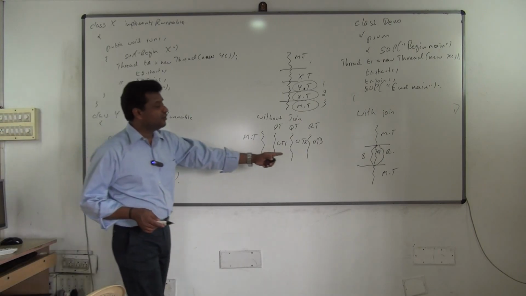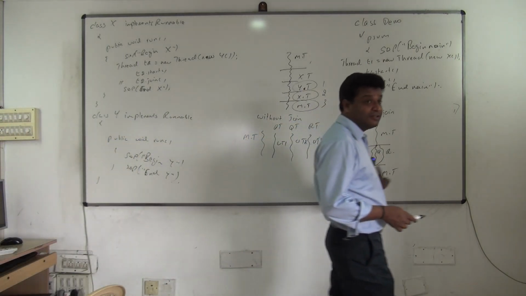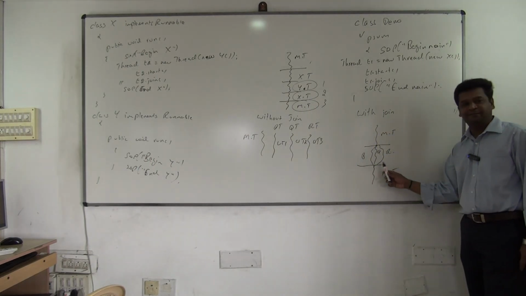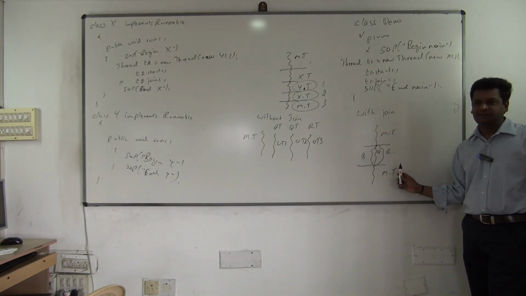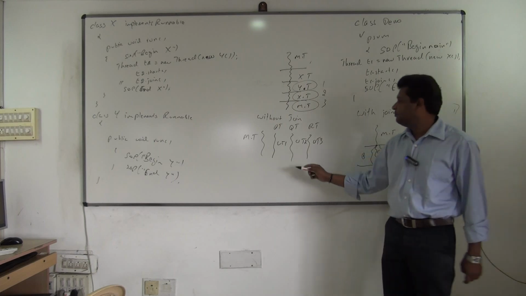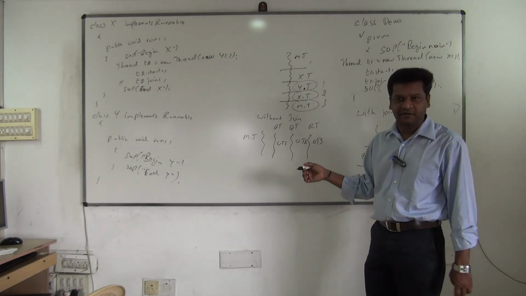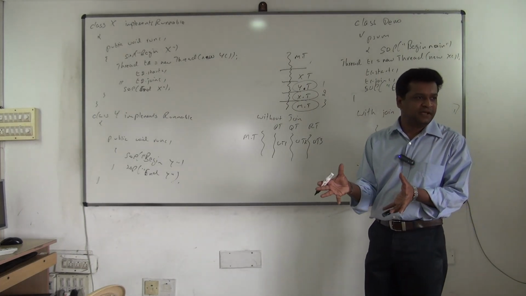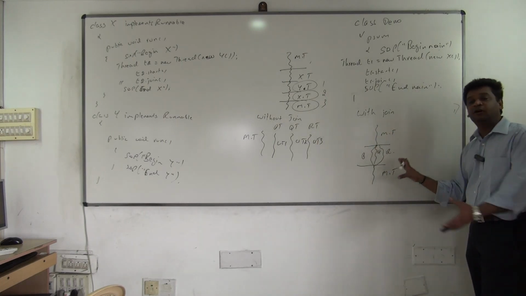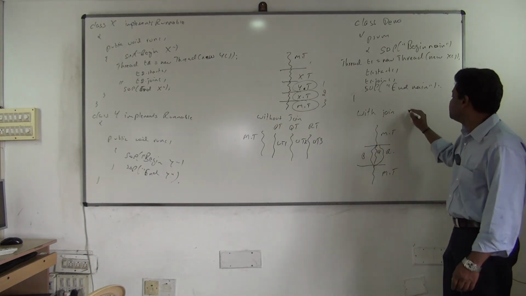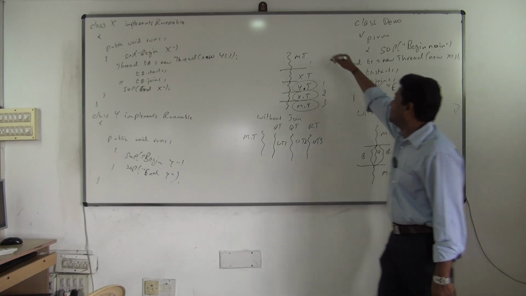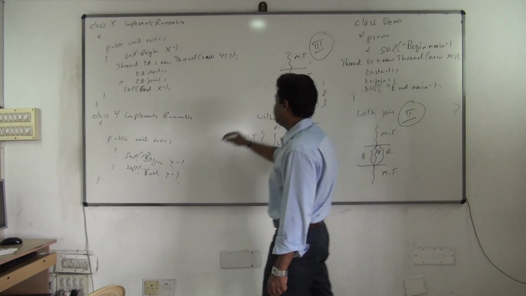But in the previous program, how was the join happening? There were 3 threads. All the 3 threads were joining what? Main. So understand the concept of join. What was the first join I did? I removed it anyway. Only one thread was joining the main thread. In the second example, what did I do? All the 3 threads joined main. This is the second example. This is the third example. In the first join, I showed you something.